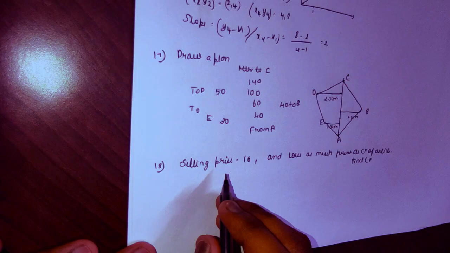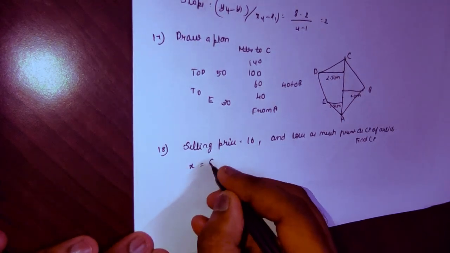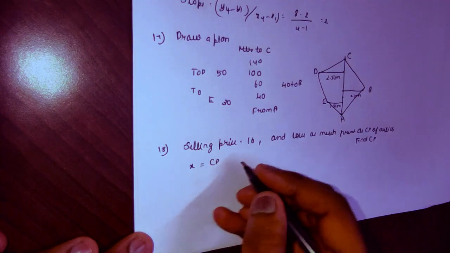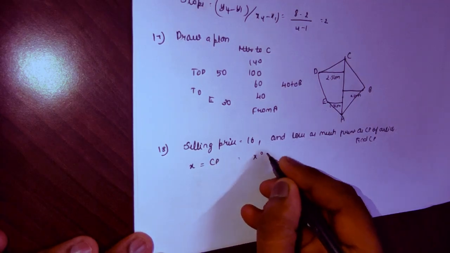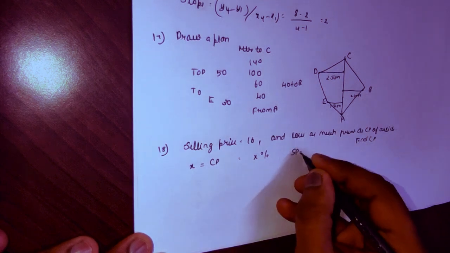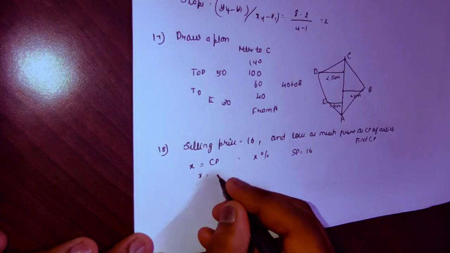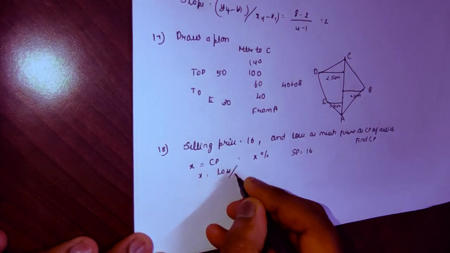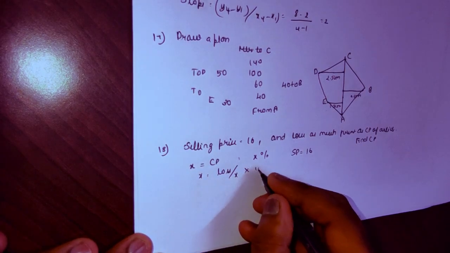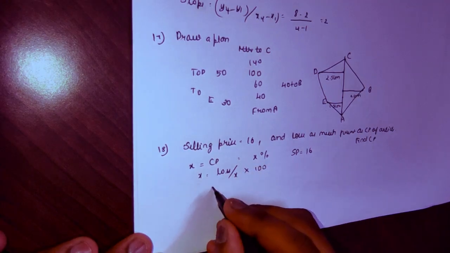Selling price is given, so we'll consider X as the cost price. Loss percentage becomes X percentage. Selling price of the article is 16, so X is equal to loss by X into 100. This is the loss percentage.